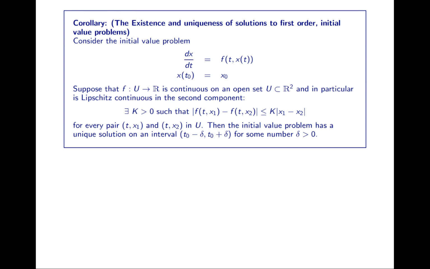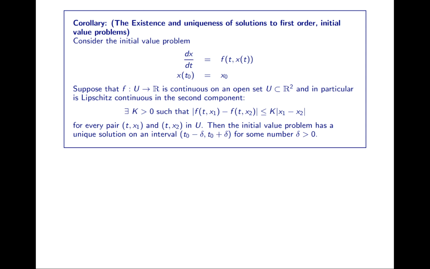That is, there is some Lipschitz constant k greater than 0 for which the absolute value of f evaluated at some point minus f evaluated at another point, with respect to the second component, x1, but the first component, t, remains the same, is less than or equal to k times the distance between x1 and x2.